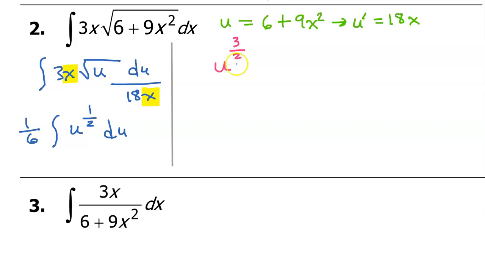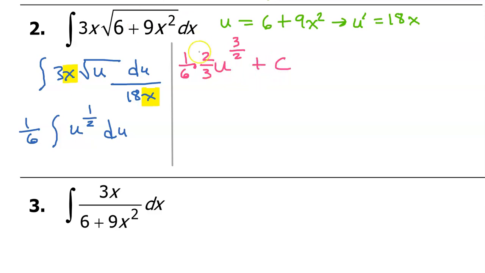And then you divide by the new exponent. Dividing by 3 over 2 is the same as multiplying by the reciprocal, which is 2 over 3. Don't forget about the 1/6 that's out in the front. That's still there. So I have 1/6 times this, and then plus the constant of integration.